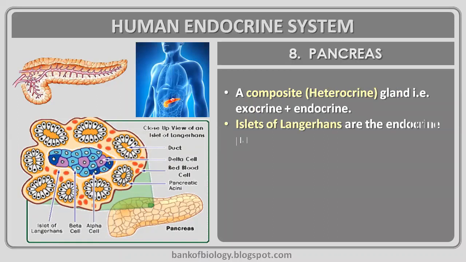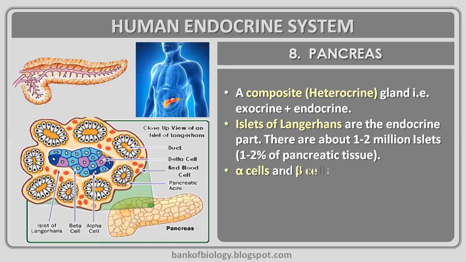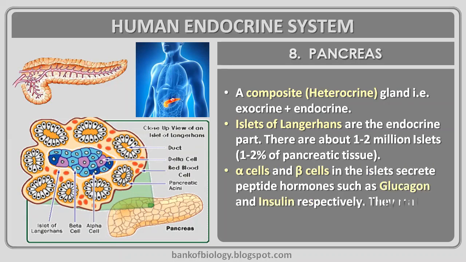Then the pancreas, the composite heterocrine gland. It is a mixed gland. We say it has both exocrine and endocrine portions. 98% is exocrine, secreting the enzymes required for digestion. Endocrine is about 2%, the islets of Langerhans, which contain alpha, beta, delta and F cells.